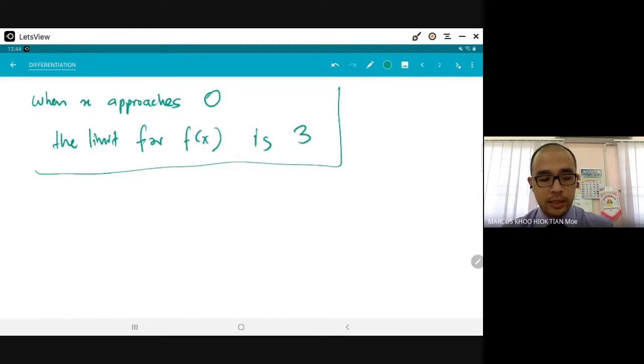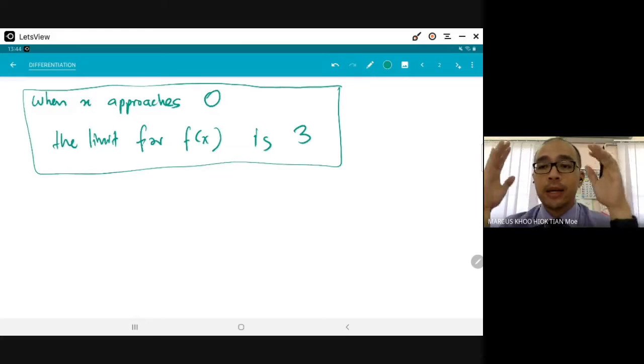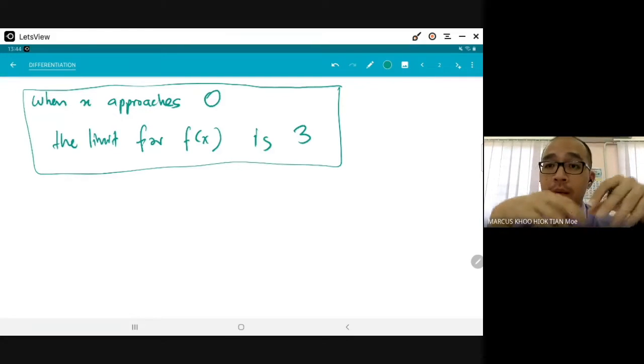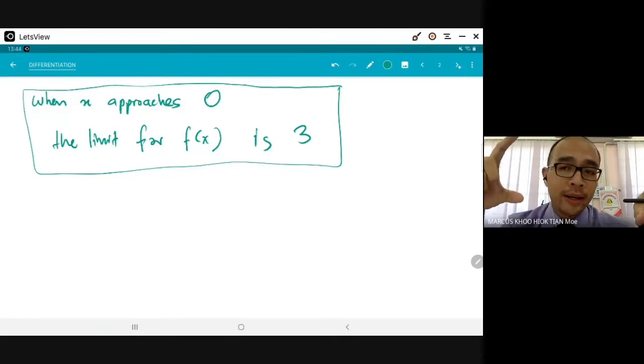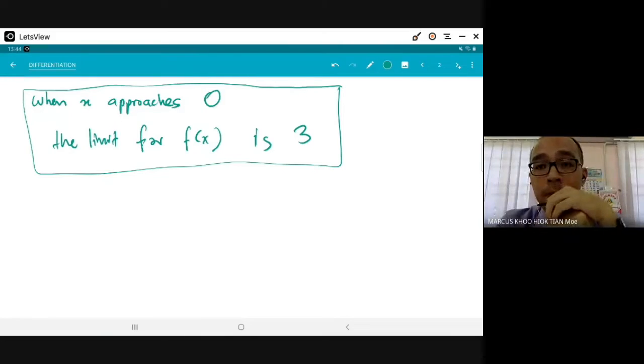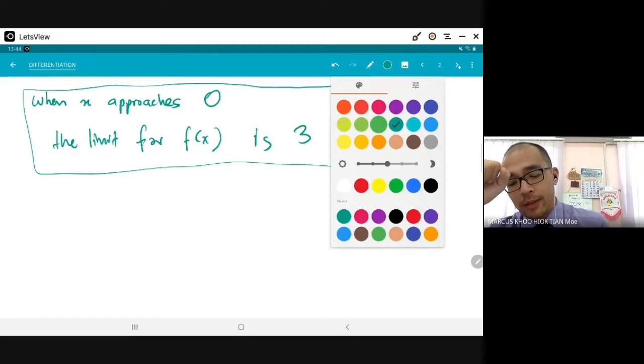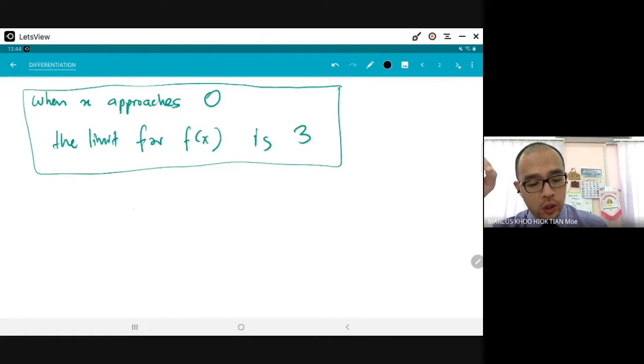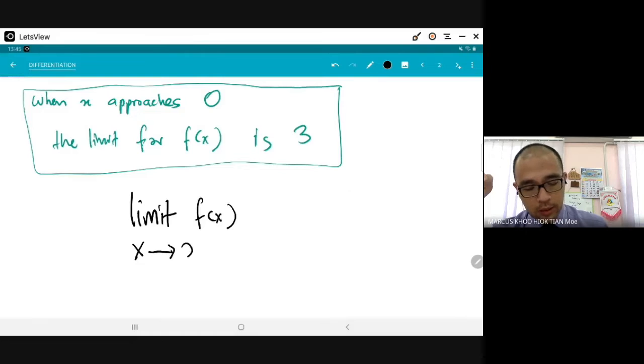Begini kita tulis. Bila x makin dekat kepada kosong, kita dapati bahawa nombor itu makin lama makin dekat kepada 3. And how do we write this dalam bahasa matematik? Take a look. The limit for fx when x approaches 0, bila x menghampiri kosong, the limit for fx equals 3.